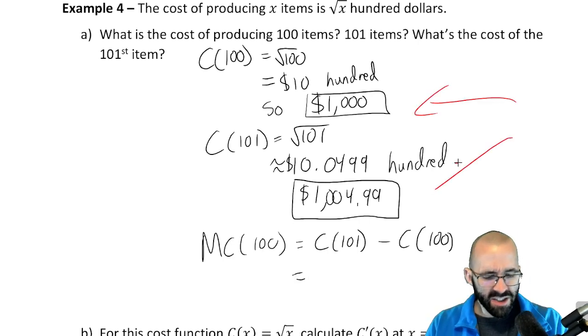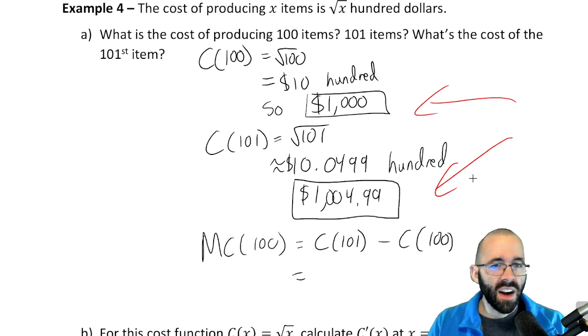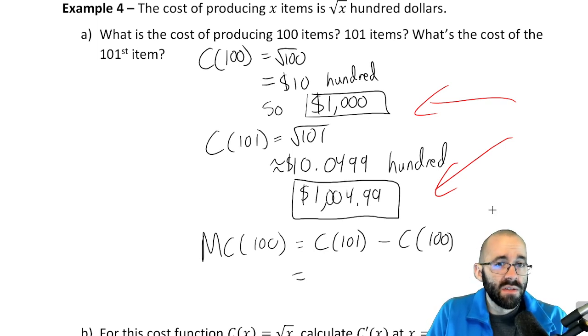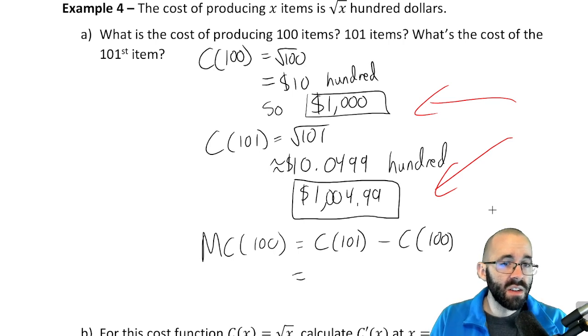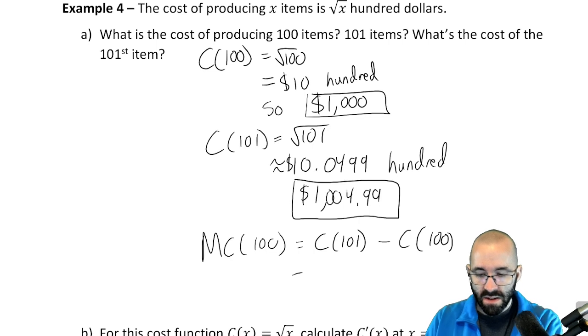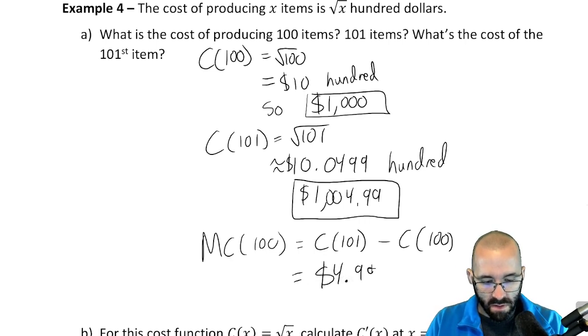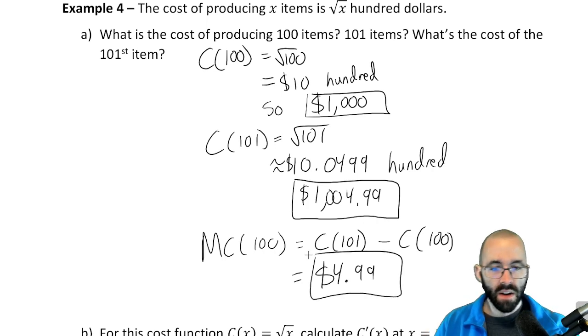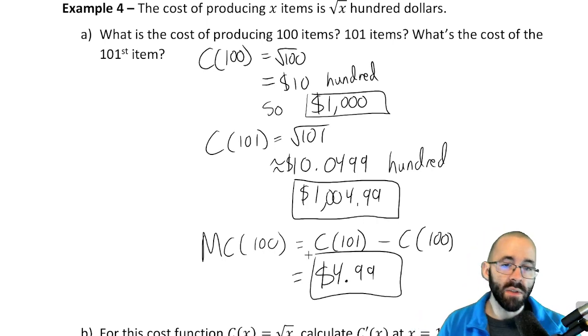Or you could just look at these two things. 101 is $4.99 more than when you produce 100. That marginal cost is going to be $4.99. Okay, so at that production level, if we want to increase production, it's going to cost us about $4.99 per item.